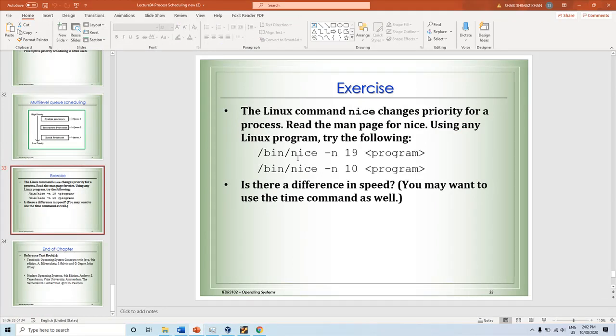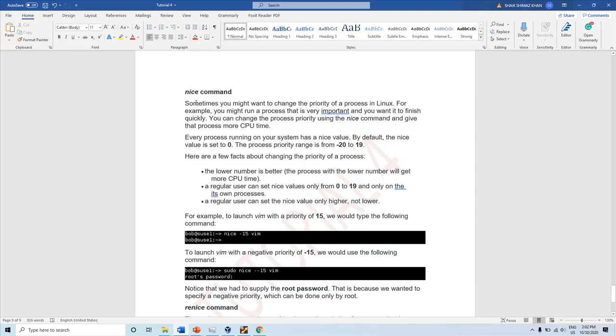Basically the nice command in Linux is used to set the priority value for a process. Every process running on your system has a nice value. By default the nice value is 0. The process priority range is from -20 to 19.